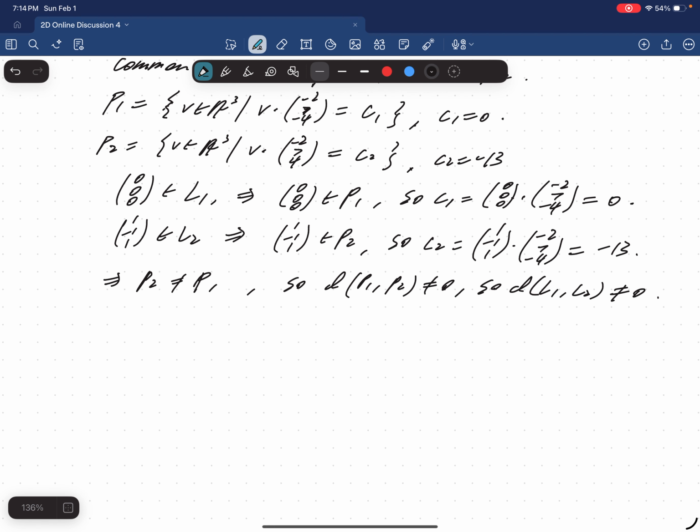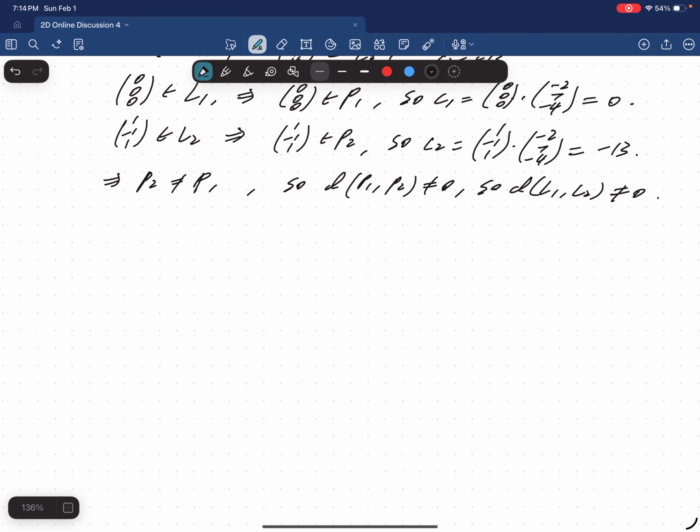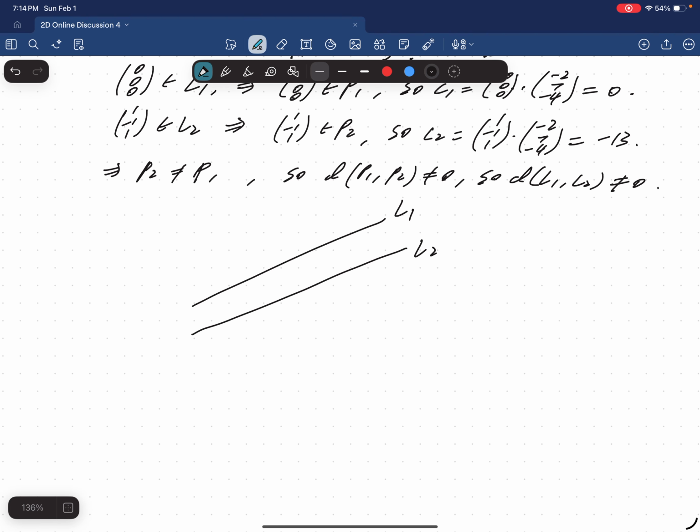Great. So this is right now the picture we have. We have some L1 and L2, two lines in our space, and I want to find their distance. But I know there is a direction that is perpendicular to them both, right? And this direction is just my normal vector of the planes.